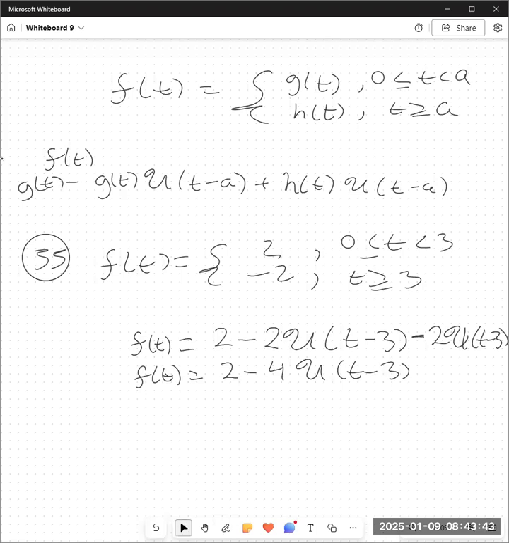And now I can find the Laplace transform of this. And so this is going to be 2 over s minus 4 over s e to the -3s.